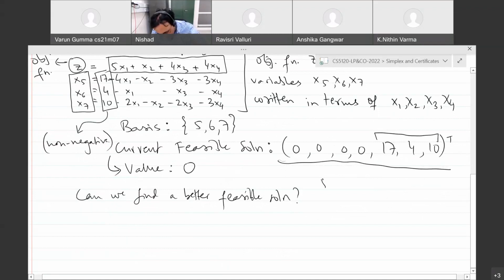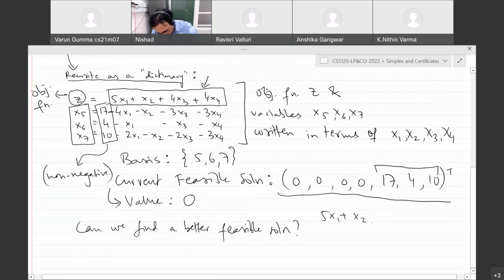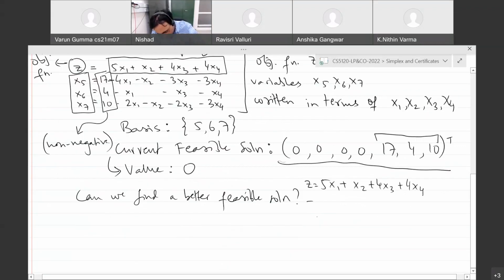So observe the objective function. It's 5x1 plus x2 plus 4x3 plus 4x4. So the point to note is, if we increase any of x1 to x4, the value of z increases.